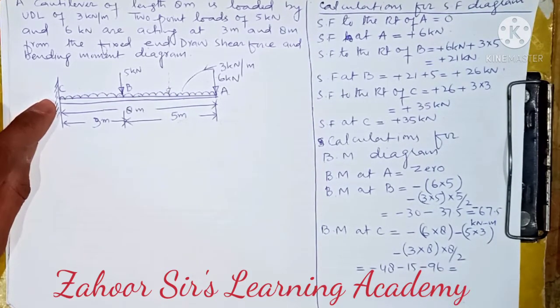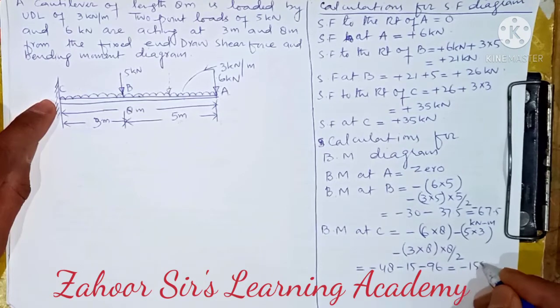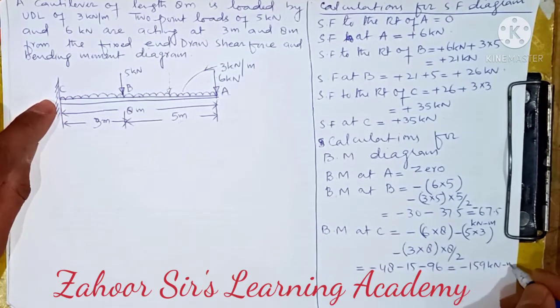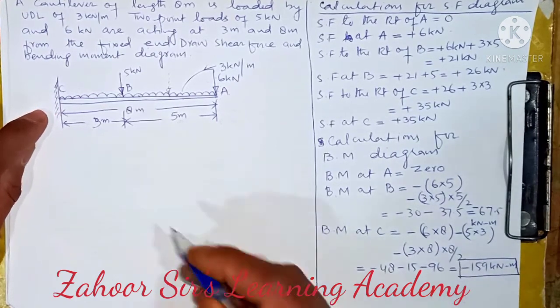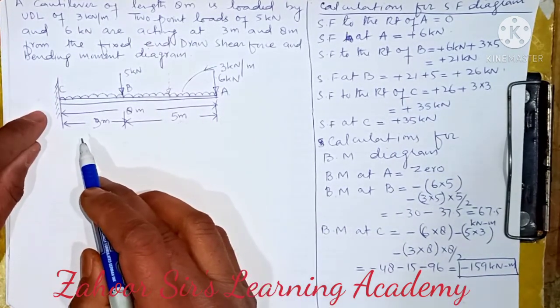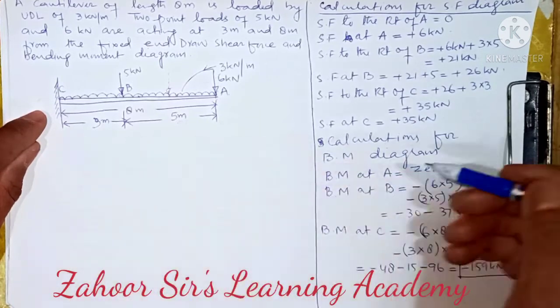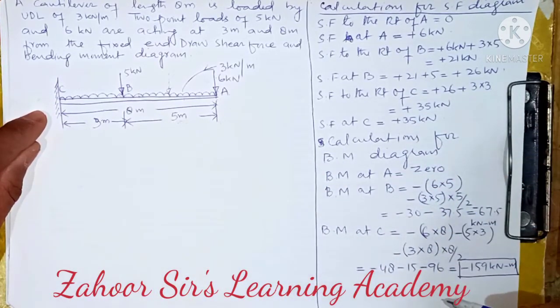So plus 15 plus 48, it means minus 159 kilonewton meter. That is the maximum bending, which occurs at the fixed end of the cantilever beam. So these are the calculations which we need to do first.